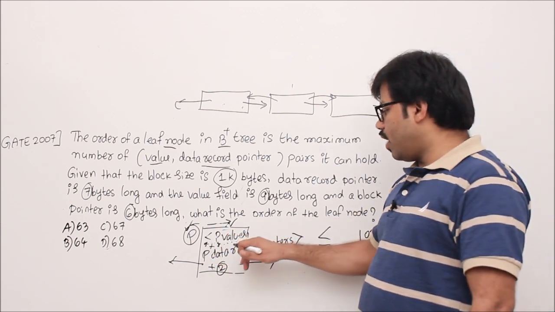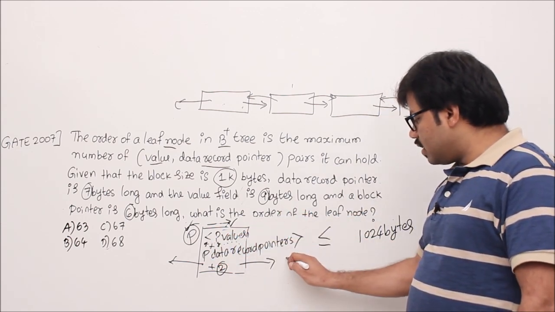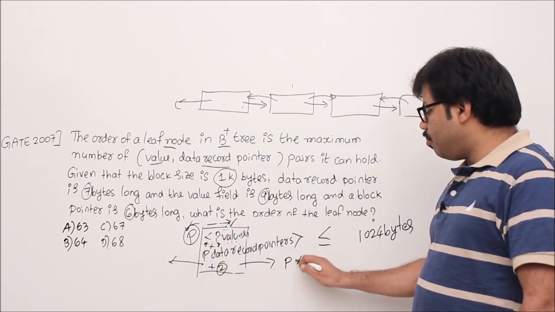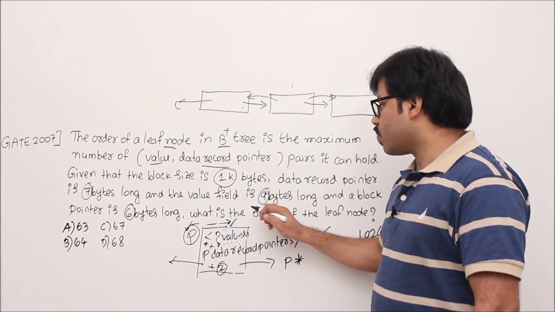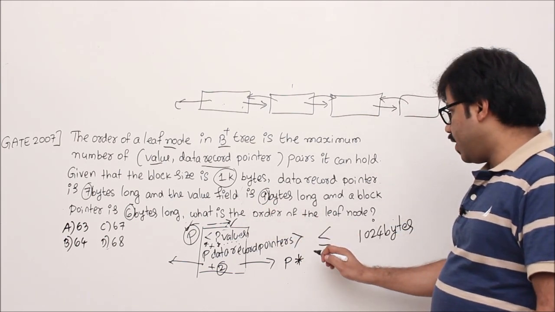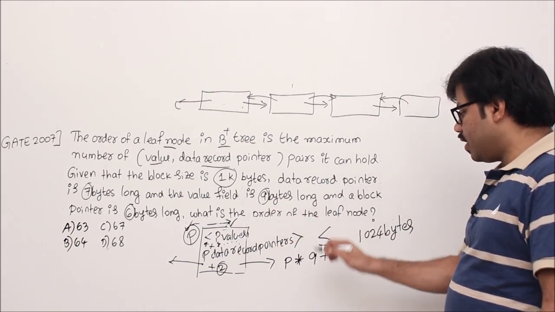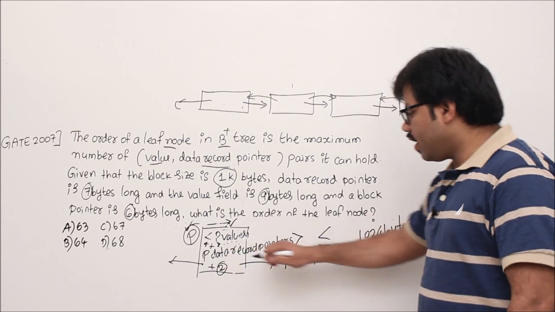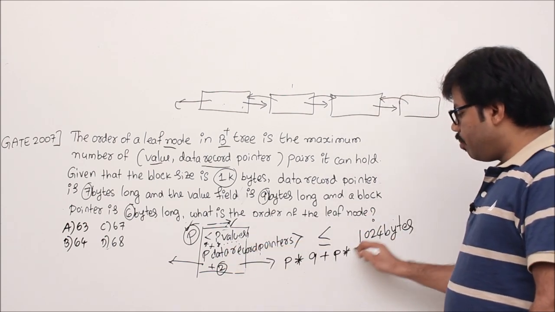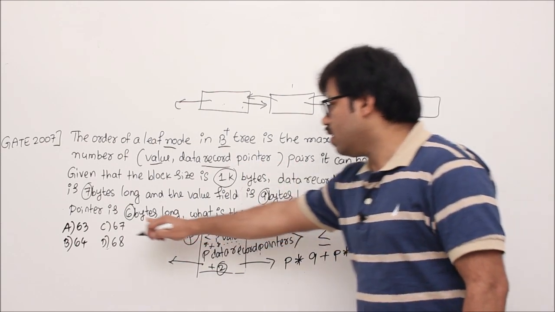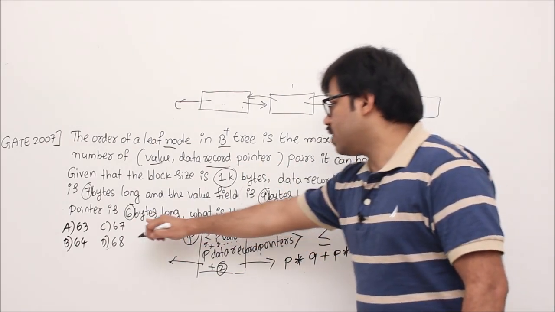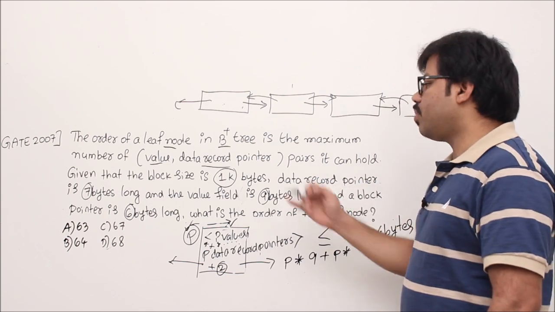Then if you have p key values, how much size do they occupy? p into the key size. In the problem it is mentioned that key size is 9 bytes. Now how many data record pointers are you going to store? p. What is each size? Read it, and you will understand that the block pointer is 6 bytes and the data record pointer is 7 bytes.